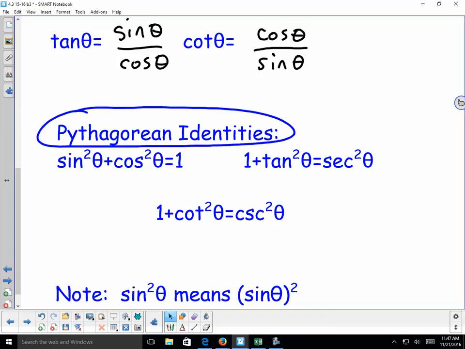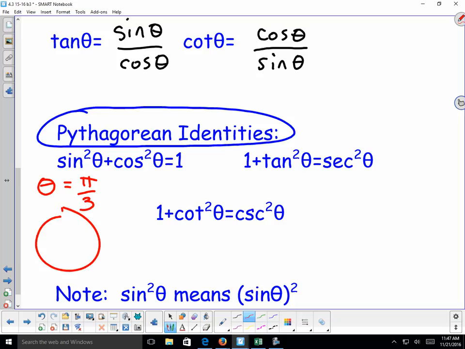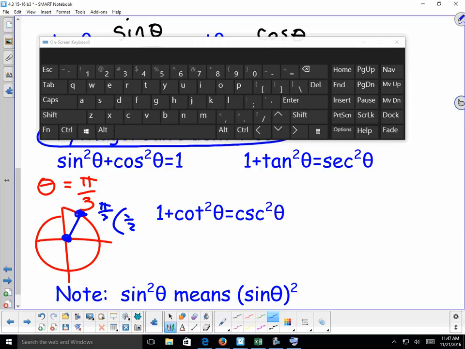The Pythagorean identity, sine squared plus cosine squared is equal to 1, is one of them. And let's just take a look at an example. If theta was equal to pi over 3, and you're looking at your unit circle, pi over 3 is right here, where the ordered pair is 1/2 comma square root of 3 over 2, correct?